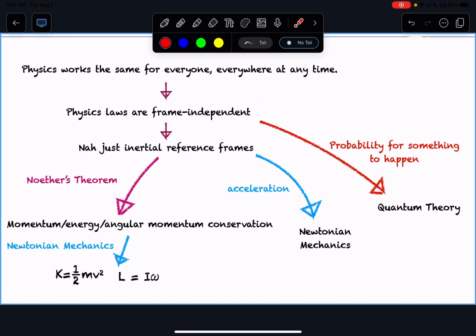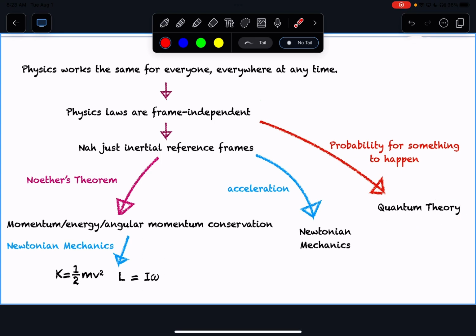So if I flip a coin and I ask every person in the universe what's the probability of getting a head or a tail, they will all agree it's 50-50, or some number if the coin is not fair. You know the probability will be the same because you can just count how many times you get head, how many times you get tail. Everyone will get the same count, so probability is not a frame dependent thing. That's how quantum theory approaches this problem.